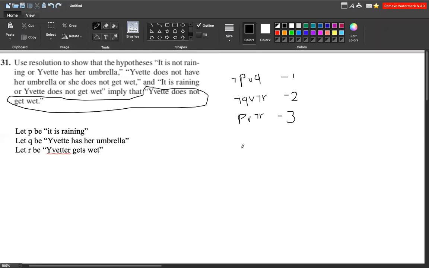So we apply the rule of resolution on these, and then we get another hypothesis.